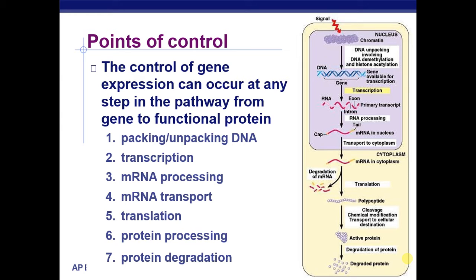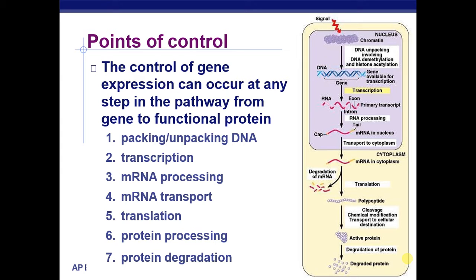There are many, many different points of control or places in the trip from gene to protein that can be modulated to change the expression of a gene. And we're going to talk specifically about these 7 different points here, that accompany the picture on the right.